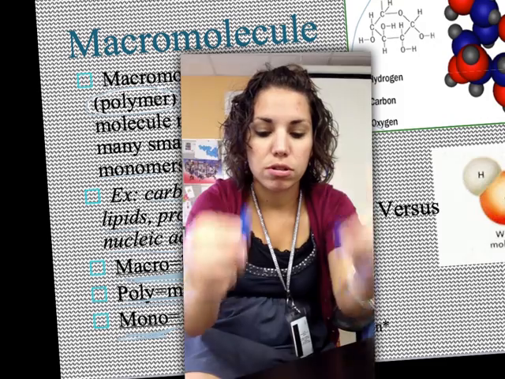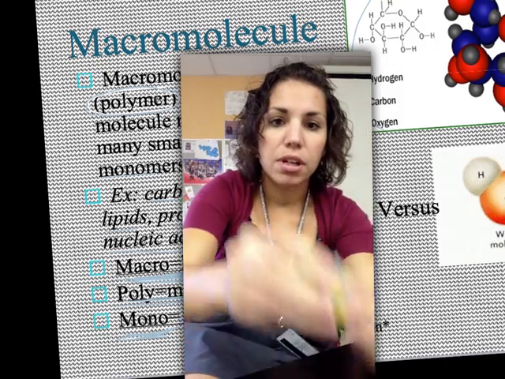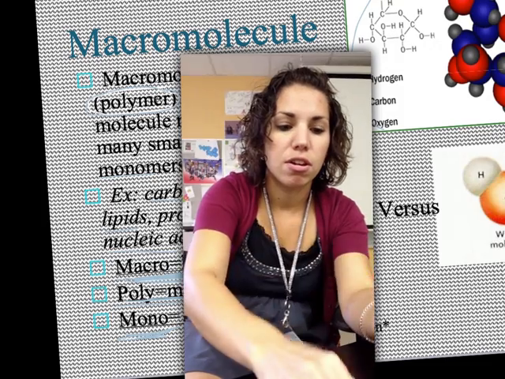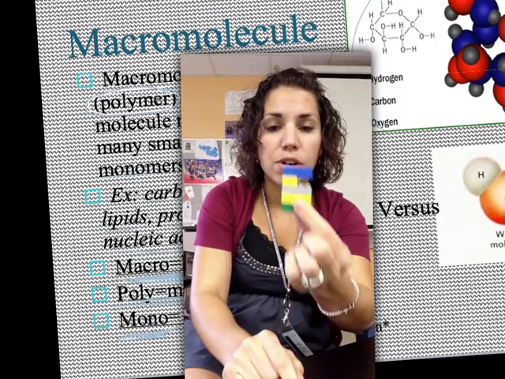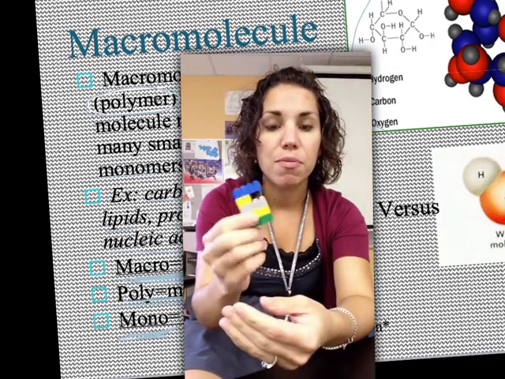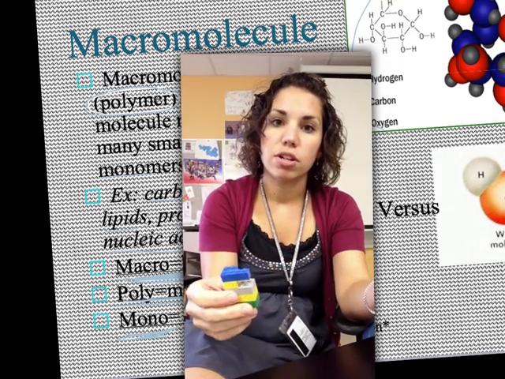Two monomers. Alright, here I go. Super fast. I'm linking my monomers together to create a polymer or a macromolecule. It's just something big made up of many subunits, and by big we're talking molecule form, so it's actually quite small.